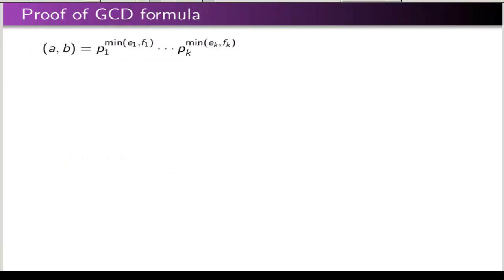Let's just take a look at one of those two properties, the GCD property. So I'll call this right-hand side quantity D, say.